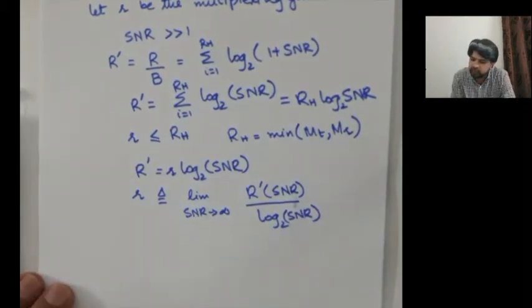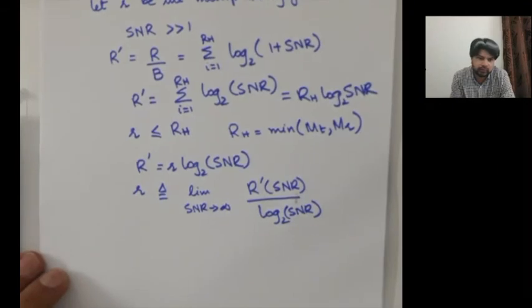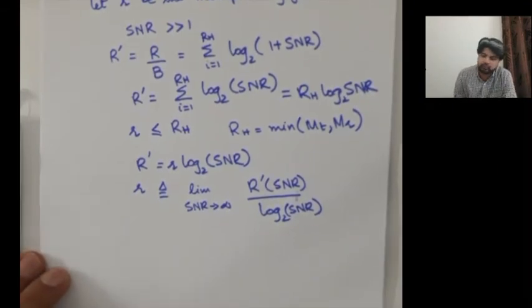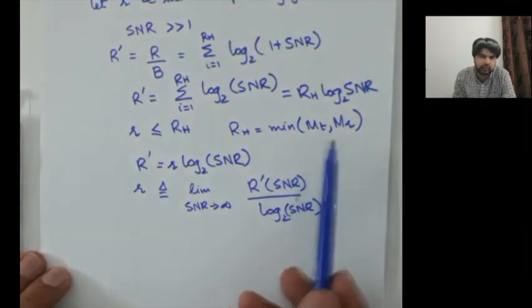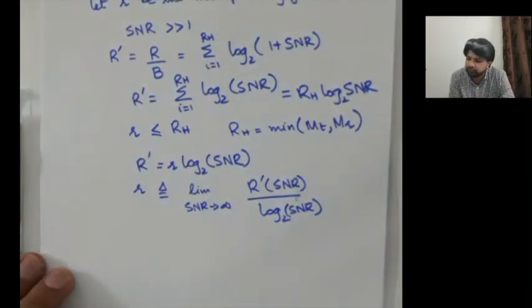So this is your definition of the multiplexing gain, and the maximum multiplexing gain would be RH, that is the minimum of MT, MR.